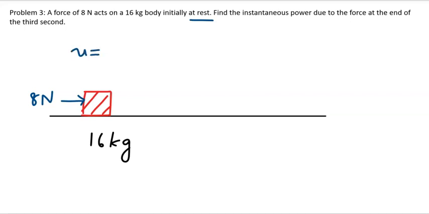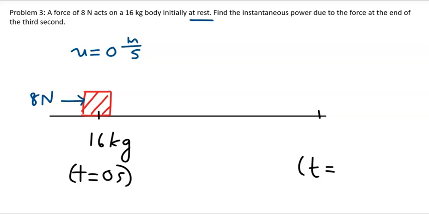So the initial speed is 0 meters per second. Now we are interested in determining the instantaneous power at the end of the third second. So let's assume this is an instant when t equals 0 seconds. Now t equals 3 is when the object is, let's say, here.